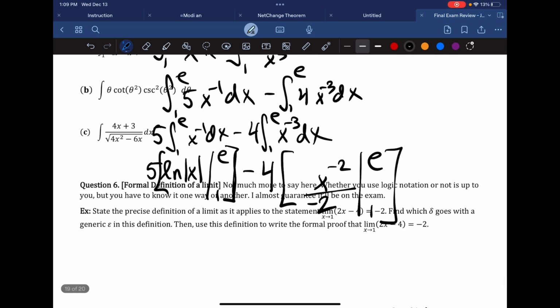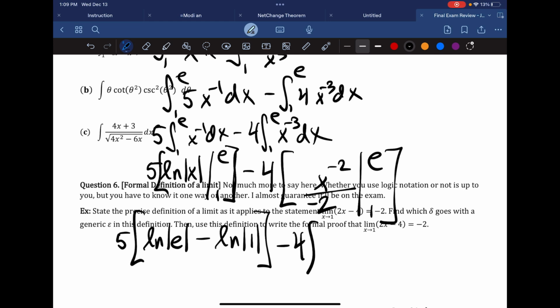So now we can say, all right, 5 times ln of e minus ln of 1. And then minus 4 times, this is going to be negative 1/2 times, or sorry, let's put this x back in the denominator, you know what I mean? So this is going to be negative 1 over 2x squared.